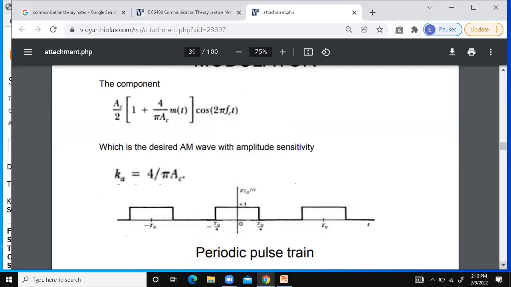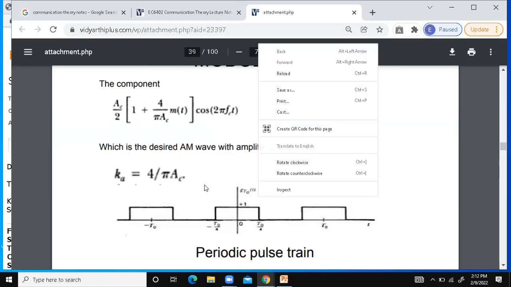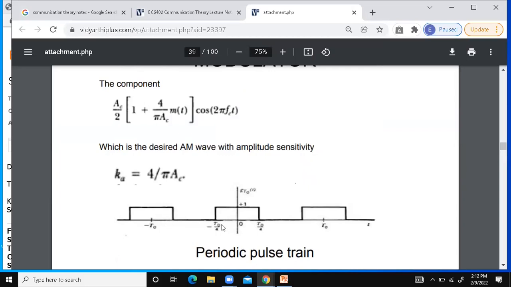So you see, you start with your triangular wave, and you combine that with your carrier wave, and this is what you got after you go through the bandpass filter.